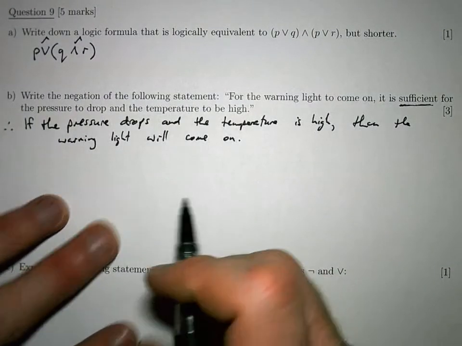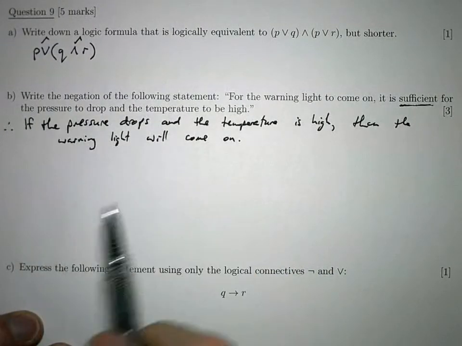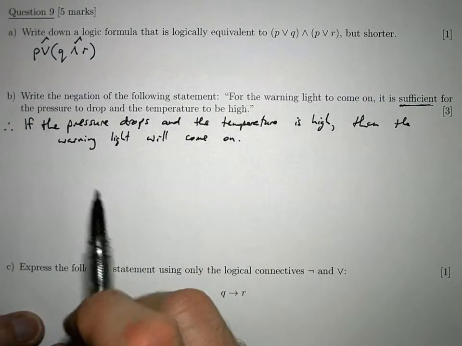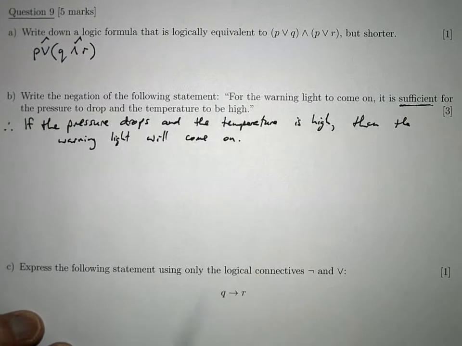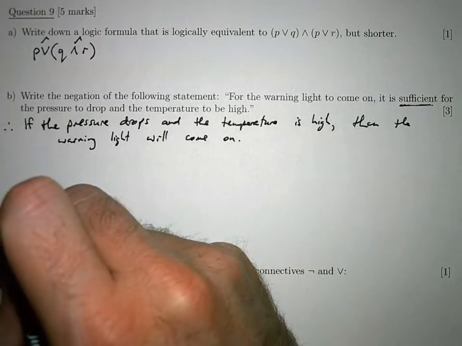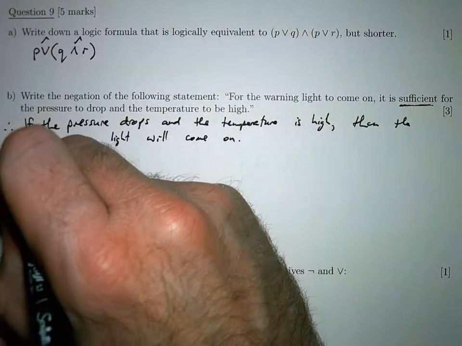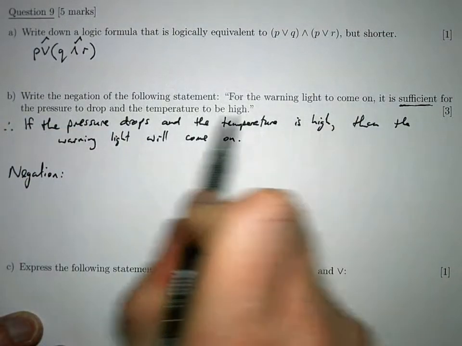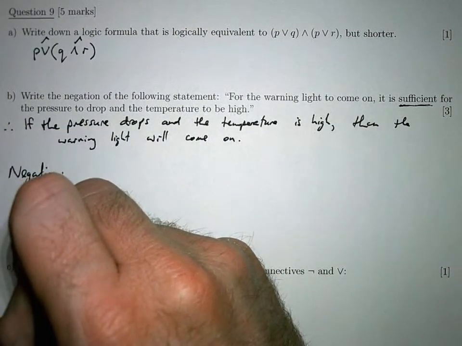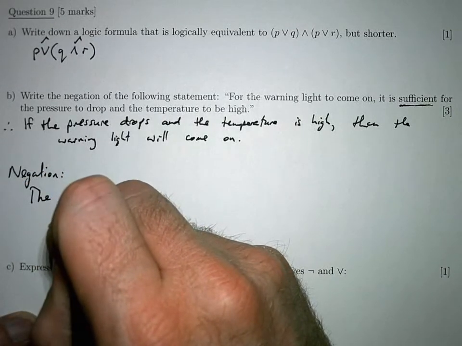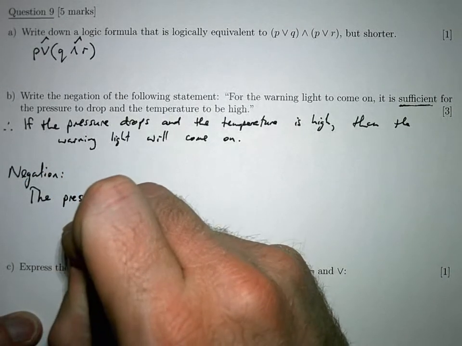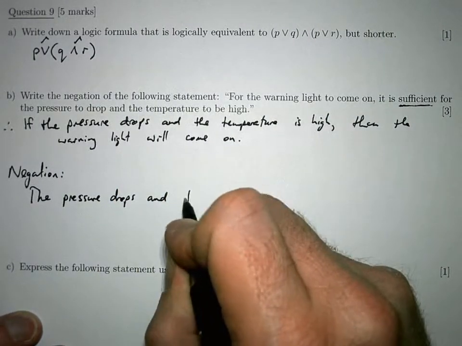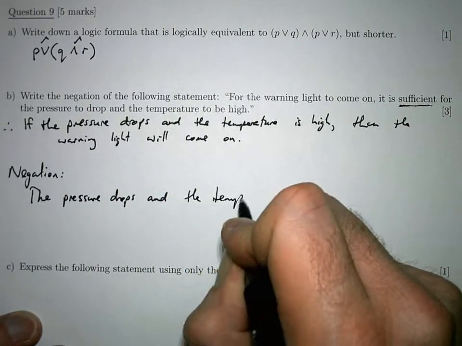Once you've got the if-then, it's quite simple, because we want the negation. If A, then B. Well, the negation is A and not B. So the negation we can write as: A, the first thing happens, so the pressure drops and the temperature is high.